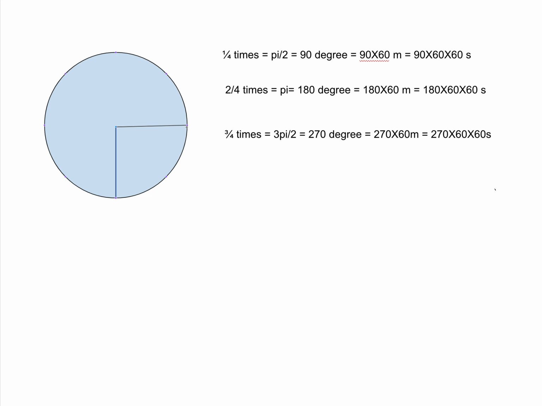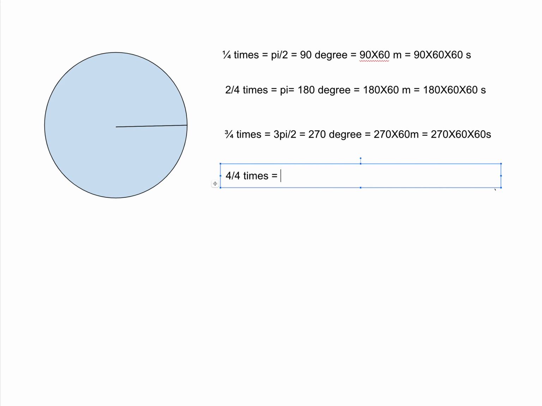4 by 4 times means 1 time, means I will turn it 1 complete time, then this becomes like this. So I am turning it 4 by 4 times.